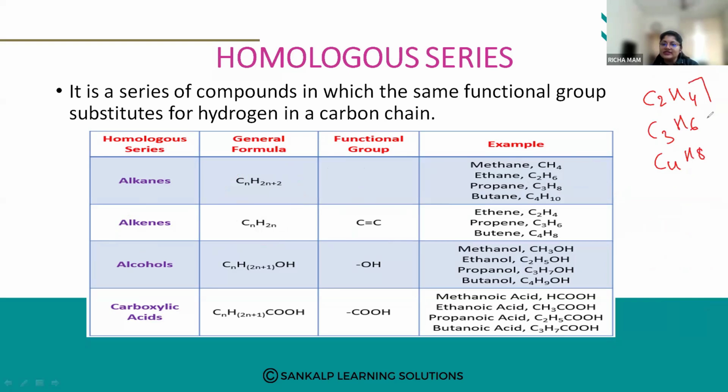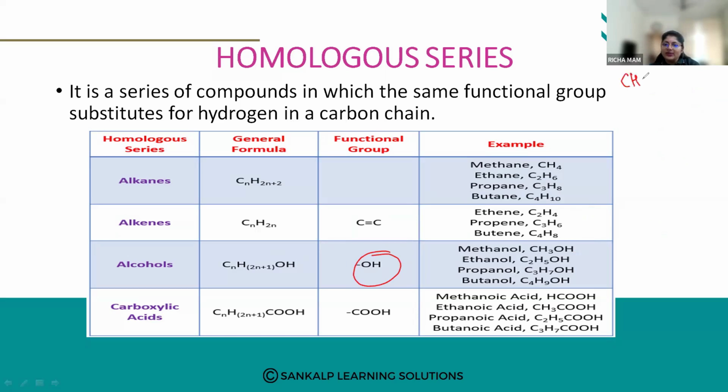Let us see the difference between C2H4 and C3H6. Again CH2. So this is also differing by CH2. So a homologous series is a series of compounds in which the same functional group is substituted for hydrogen in the carbon chain. Now alcohols.